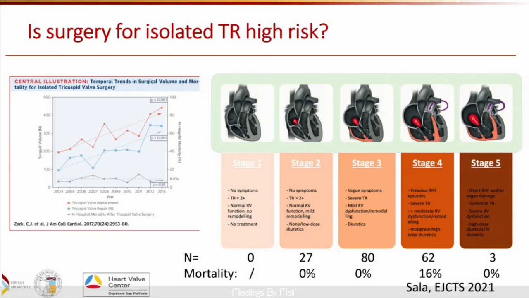This is data from San Raffaele Hospital collected over 20 years. Very few patients have been operated, to be honest, because usually they have been referred too late. But if you see those patients who have been operated in stage 2 and 3, so before organ failure, mortality is 0. It's not the typical 8% mortality reported in most cases.